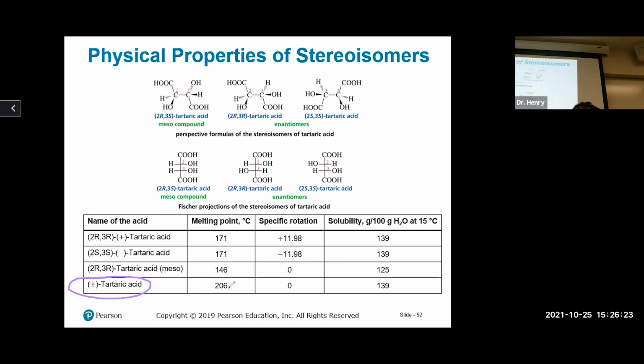Why does this guy have a higher melting point? Well, what do you mean by it has more stuff added to it? Quantity-wise, we could have the same quantity, it still would have the same melting. The intermolecular forces, but don't they have the same intermolecular forces? Aren't they the same? They're the same chemical formula. Sterically, they're the same except mirror images of each other, or where they're located.